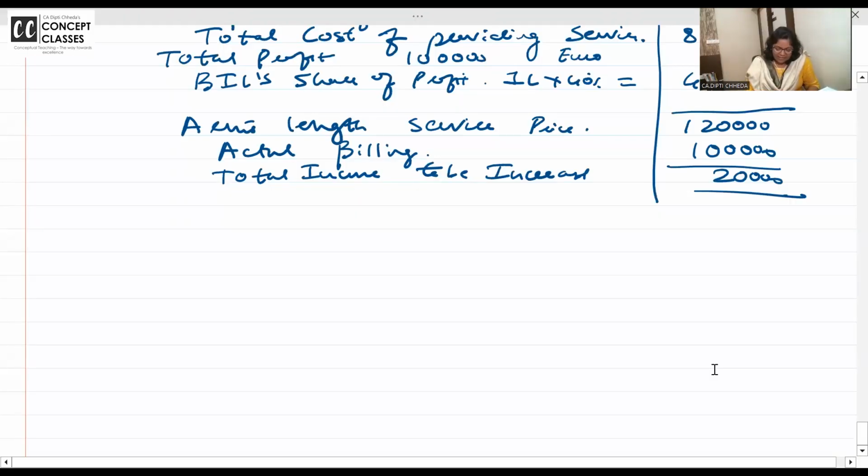Until now never asked TNMM method. That doesn't mean they will not ask. They can ask. Fifth method we are doing reverse. हर बार हम concept लिखते हैं. Fifth method.